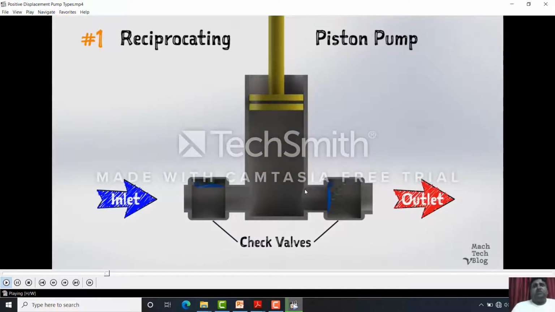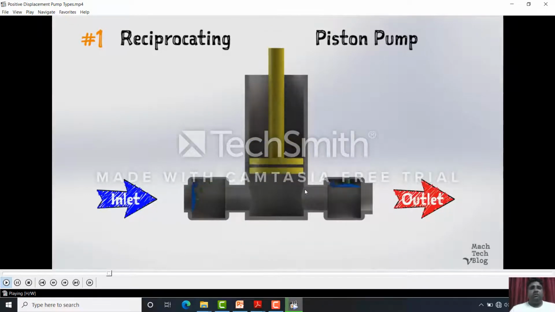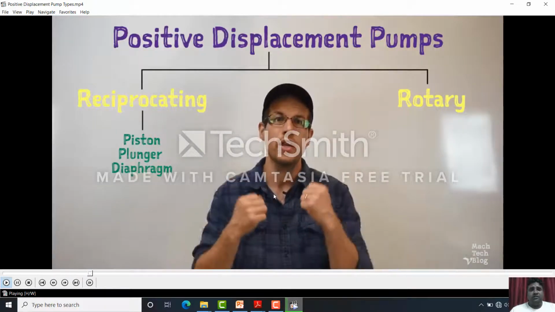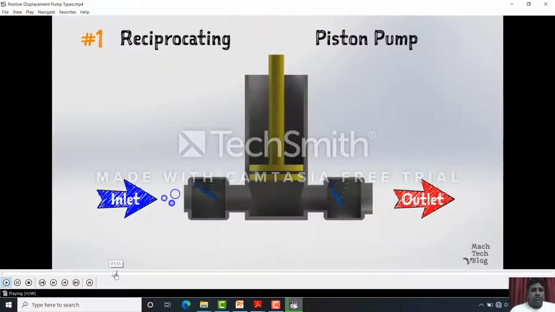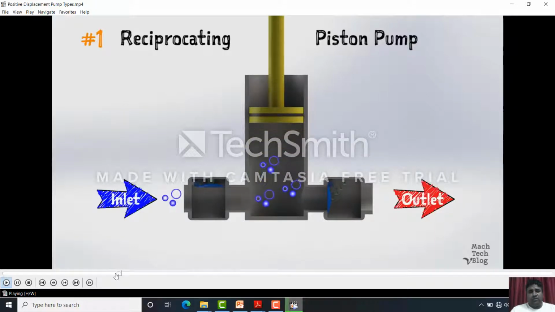So in place of the piston, we can use a diaphragm, or one more option was there, this plunger. So he has shown it here, you will be able to understand what happened. Yes, these are the water molecules.